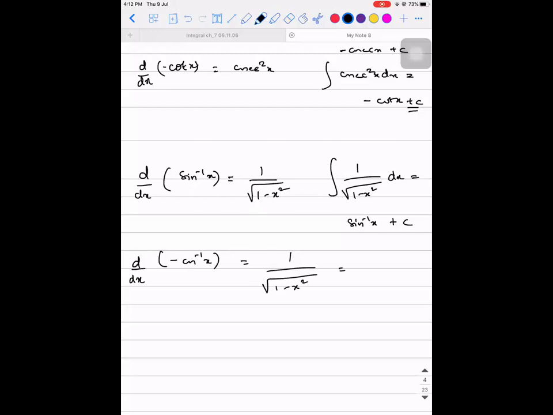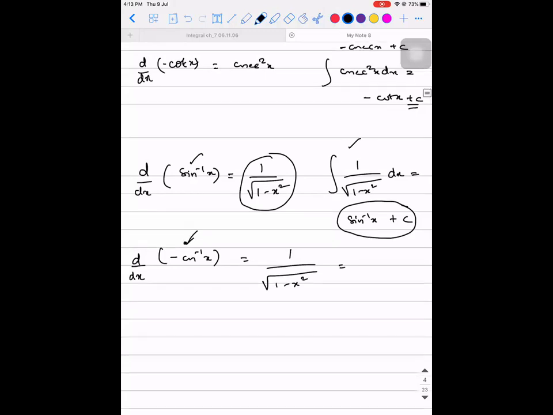So here, what is the trick you are able to observe? Derivative of sine inverse x is 1 by root of 1 minus x square, and derivative of minus cos inverse x is also 1 by root of 1 minus x square. So for the integral of 1 by root of 1 minus x square, I'm repeating it, should I take sine inverse x or minus cos inverse x? Which one is right? Depending on the interval.